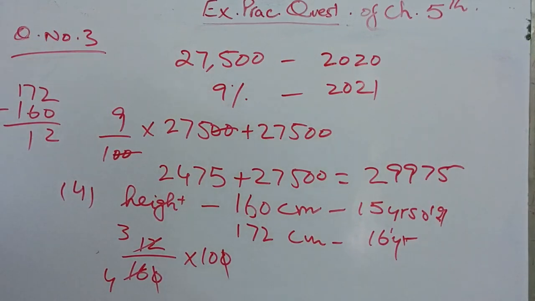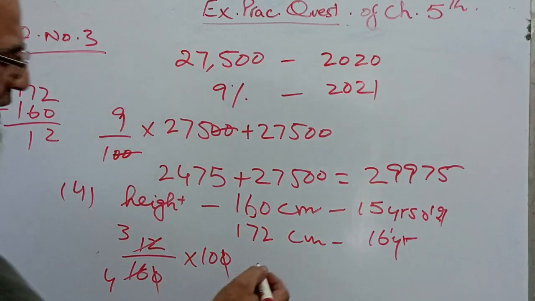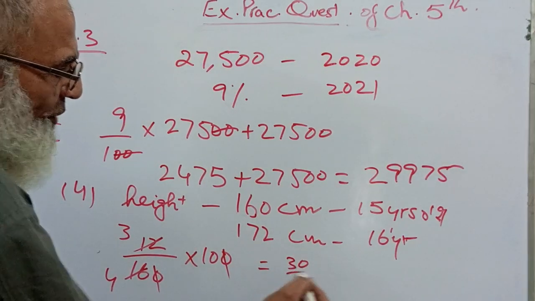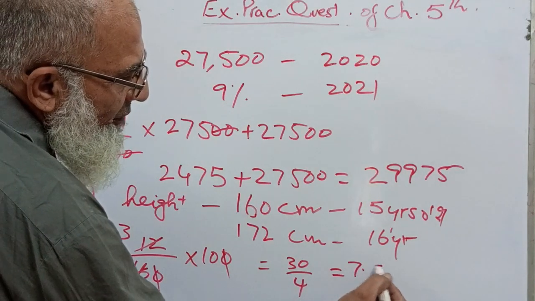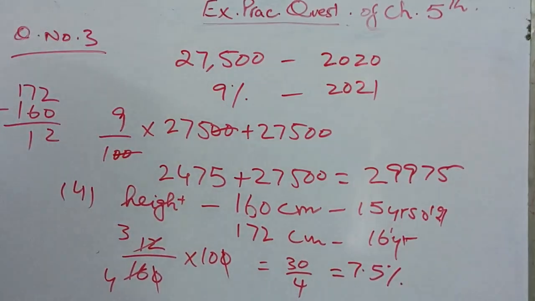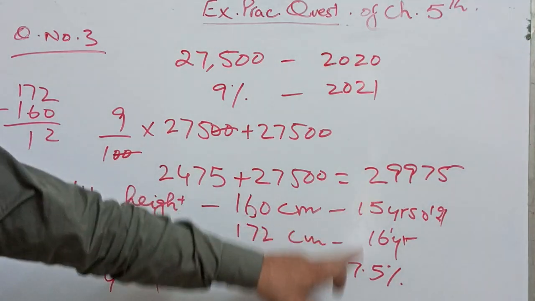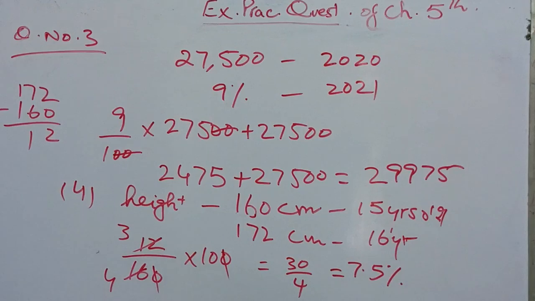And since we have to find the percentage, it will become 3 by 4 multiplied by 10, or you can easily say 30 upon 4. 30 upon 4 will become 7.5%. A 7.5% increase has been reported in 1 year.